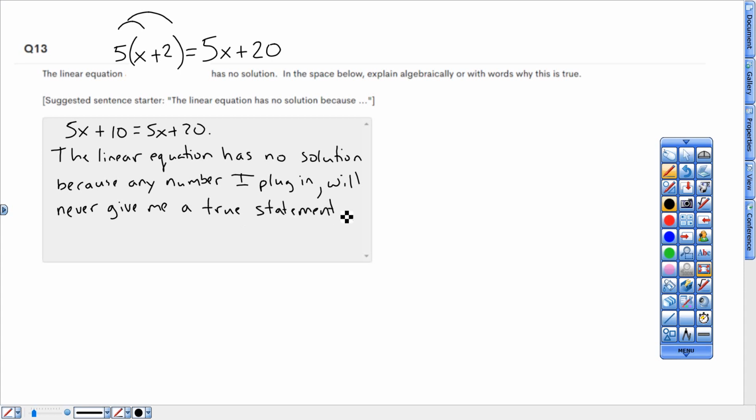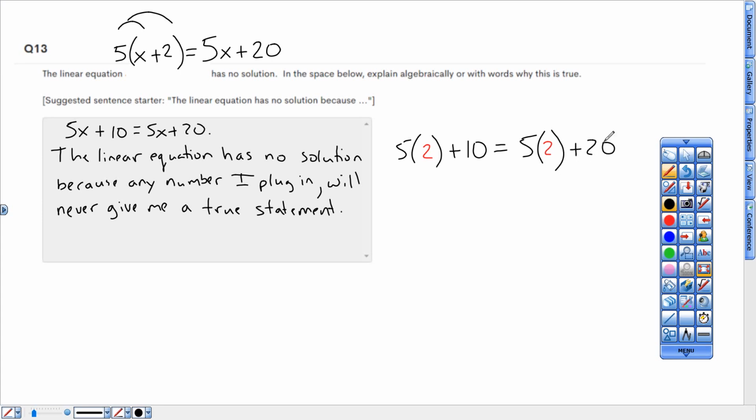And what that means is when you have 5x plus 10, no matter what number I keep plugging in for x, it will never give me a balanced equation, because on one side I'm timesing 5 by 2, the other side I'm timesing that exact same 5 and 2, but one side I'm adding 10, the other side I'm adding 20.